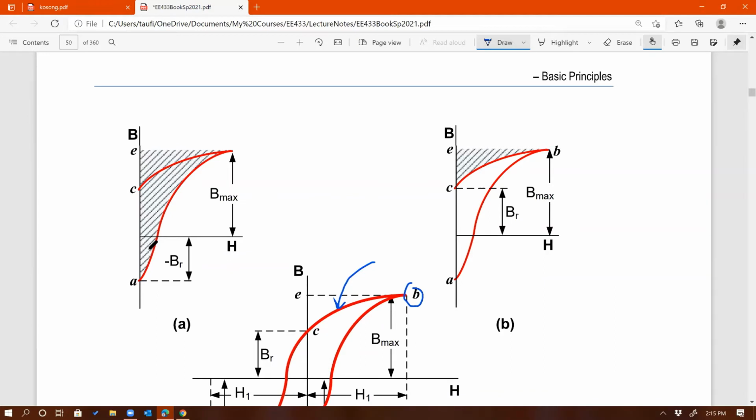The implication is that if this is the portion of the curve that gives us the charging portion of the inductor, then the area under that curve, the shaded area right there, must represent the energy being stored when we are charging it. Is that clear? Any question on that one?